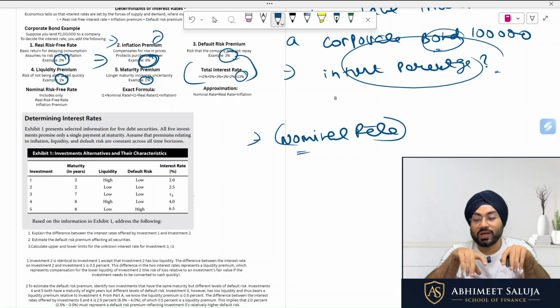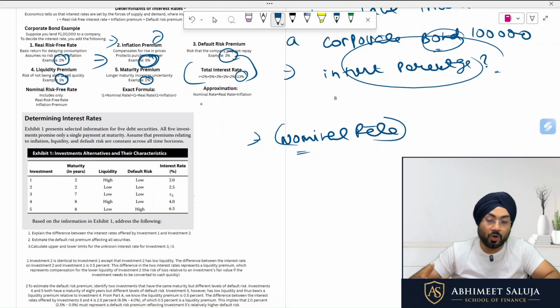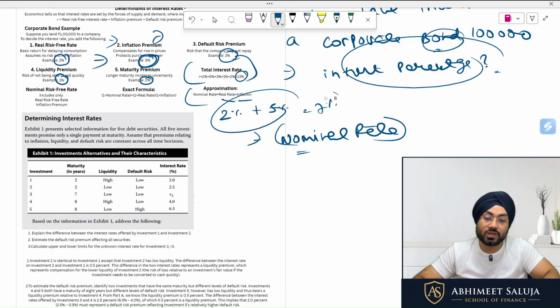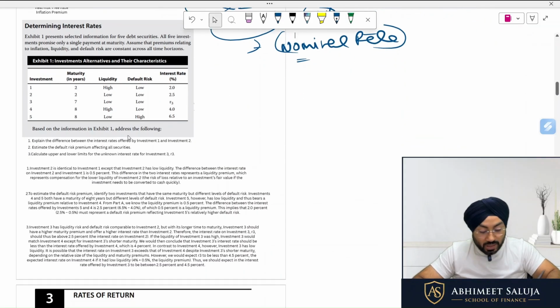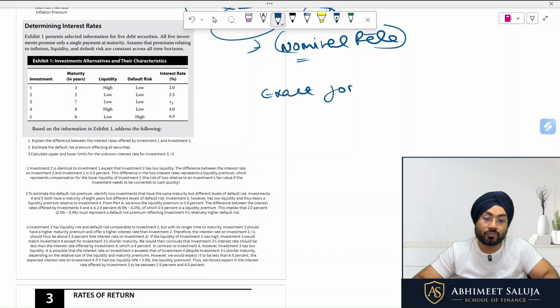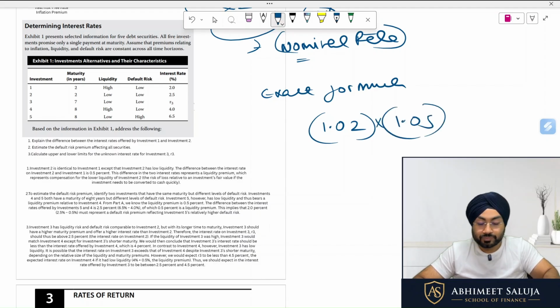So how do we calculate the nominal risk-free rate? In approximation terms, it is used as real rate plus inflation. Suppose the real rate is 2% plus inflation of 5%. So this is just 7%. But in actual terms, the exact formula is when you make a factor of it.